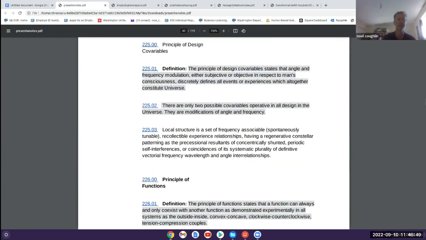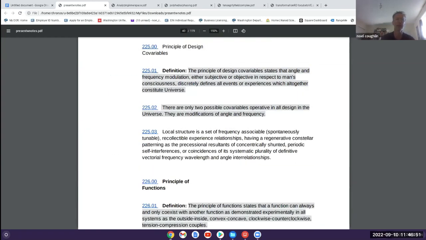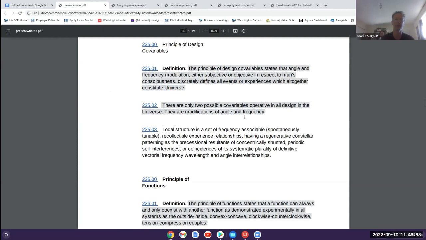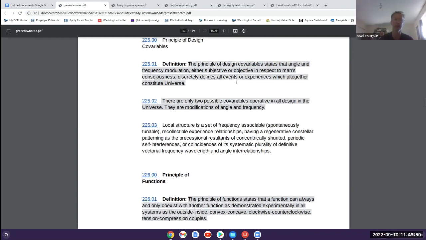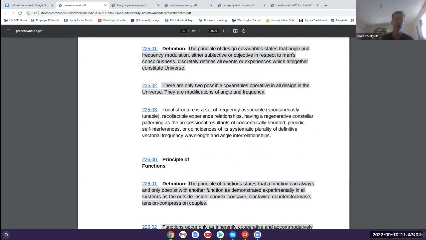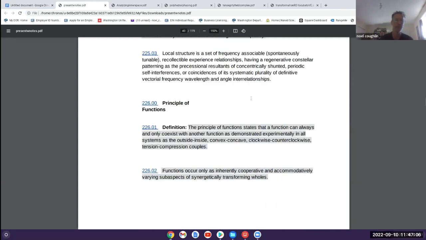All right. So, principle of design covariables. The principle of design covariables states that the angle and frequency modulation define all events in universe. There are only two possible covariables operative in all design, their angle and frequency.